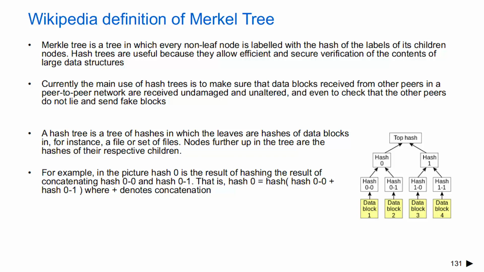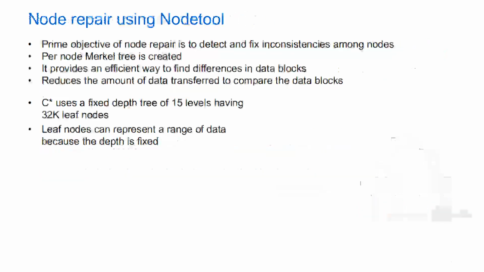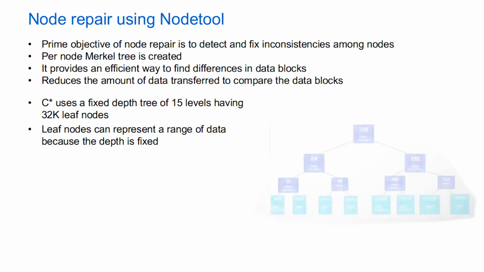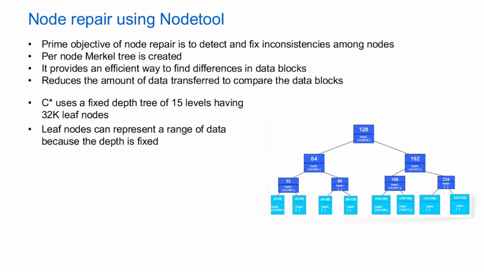So I have multiple ranges of tokens at the grassroots level, at the bottom level, that I read from. You can see the token ranges, let's say 0 to 32 on the left, 32 to 64, 64 to 96.